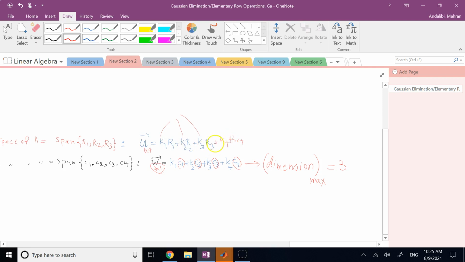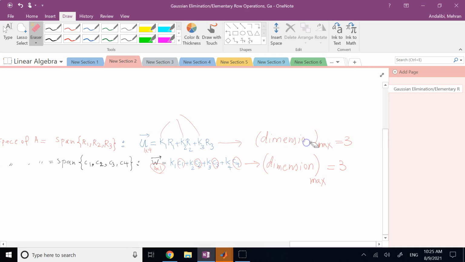But in this case you only have 3 of them. Since you only have 3 of them, the 4th element in this space is going to be depending on the 3 others, and dimension means the independent parameters. So although here I have 1 by 4 vectors, since I only use 3 of them, still the max dimension in this space is going to be 3.